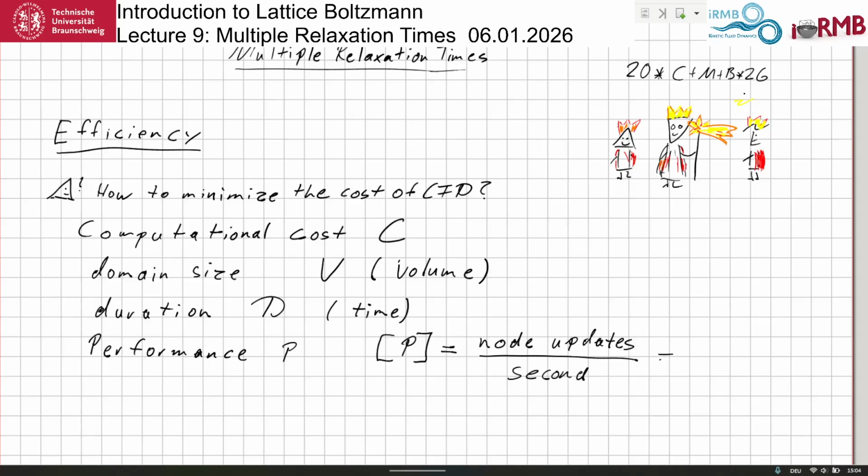You will often read in literature NUPS, node updates per second. Or you can also read LUPS, lattice node updates per second. Sometimes you may even hear CUPS, cell updates per second.